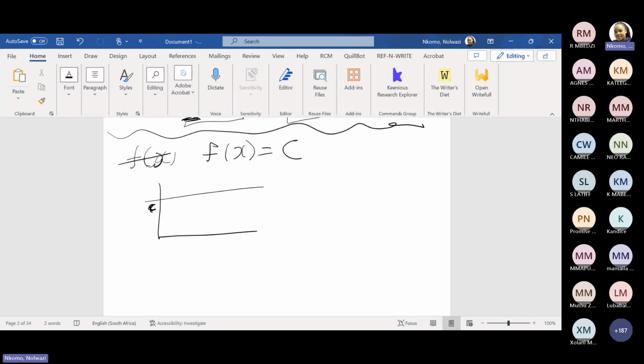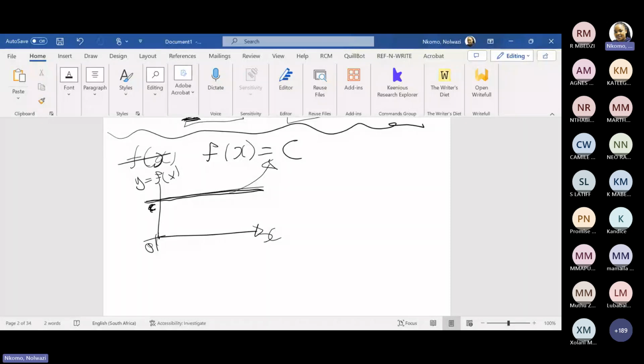This is 0, and this is the x-axis, and this represents y or f of x, the y-axis. We have a function like this. This line represents this graph. Okay, c can be any constant, right?